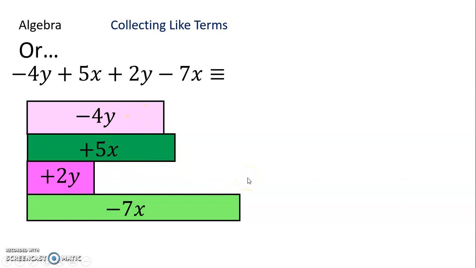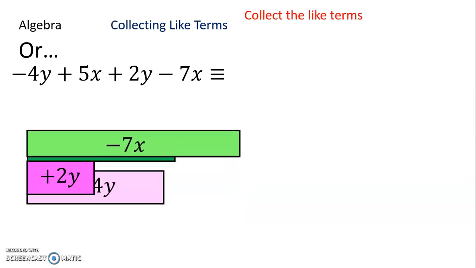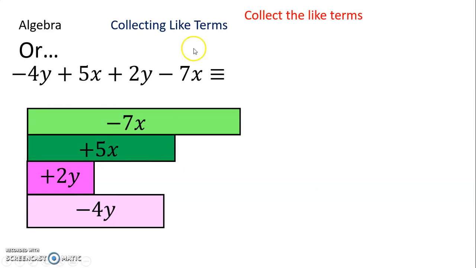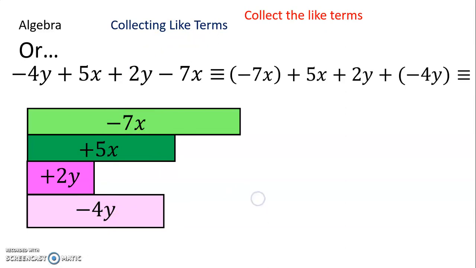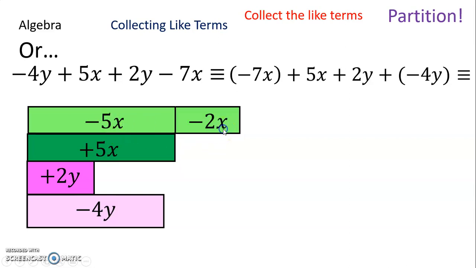So I'm going to collect together my like terms, just like I did with the counters. I've taken the -7x to the top and the -4y to the bottom. The difference with the bar model is that I'm going to have to partition to find my zero pairs. So in the top, I'm going to partition this -7x into -5x and -2x.